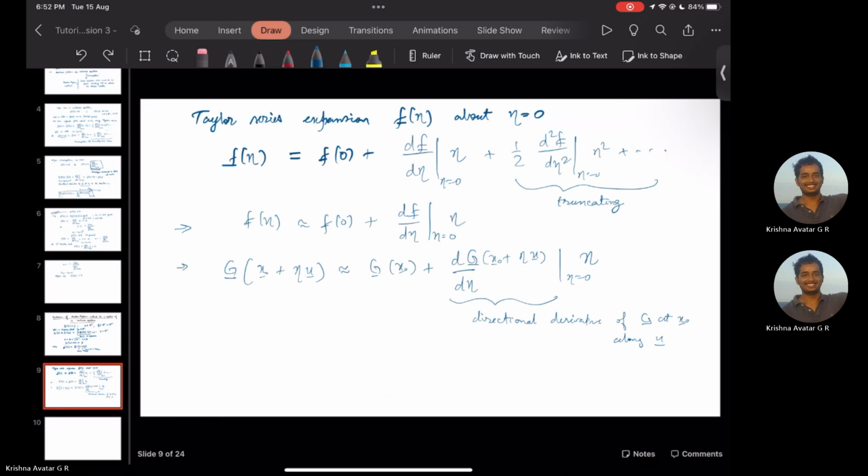So likewise, we'll try to eliminate eta. All we need to do is take eta equal to 1. Then we have an equation of the same form as that for a univariate case. So we have g vector of x naught plus d by d eta of g vector of x naught plus eta u vector at eta equal to 0.